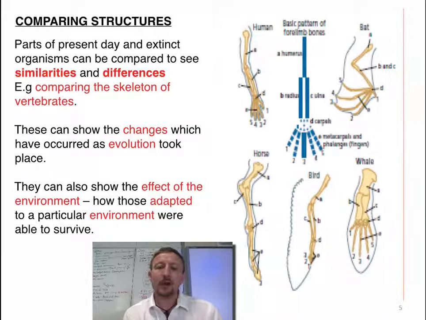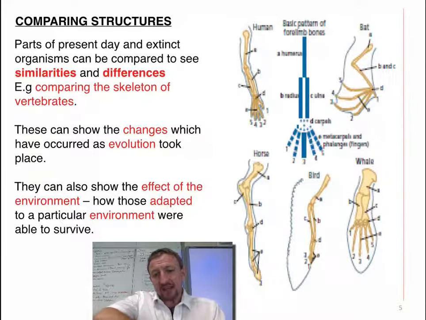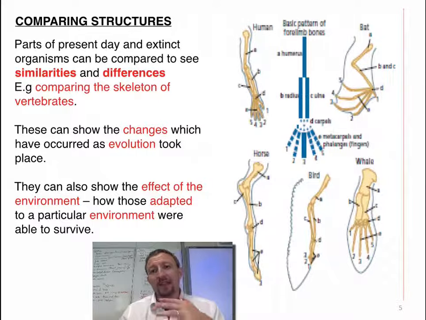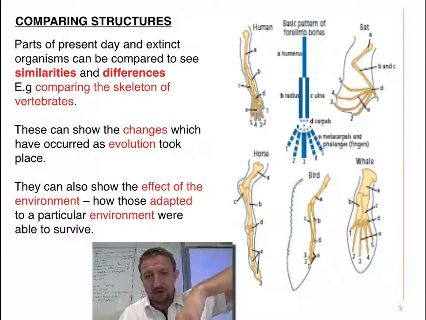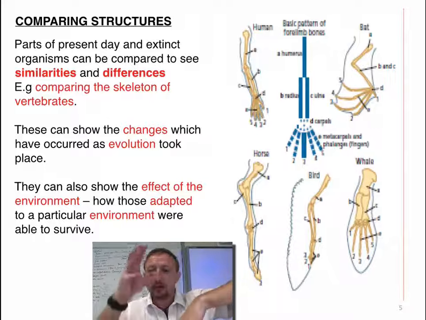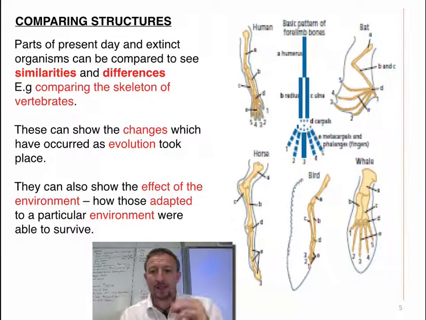The horse, in the case of the horse, again, the top forelimb is the same. Then we've got the same bones going down for B and C, but then what we've got is an elongated finger. The other fingers will have been lost, but we've got one elongated finger, and that has basically produced the horse's hoof. A similar sort of situation has happened in the bird.